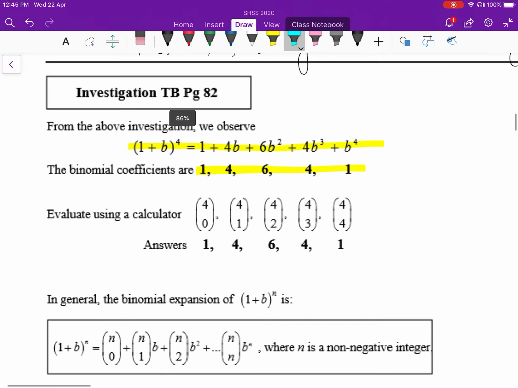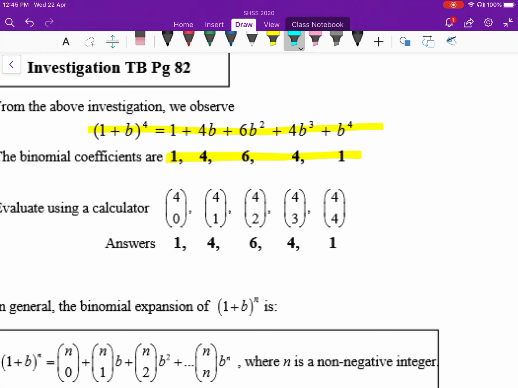Okay, let's take a look at this one. If it's power 4, in order to get 1, we key in the power, which is the 4, followed by the position. Now, in binomial theorem, it's very special. It starts with position 0, then followed by position 1. Okay, the power remains the same. The 4 is always the same.